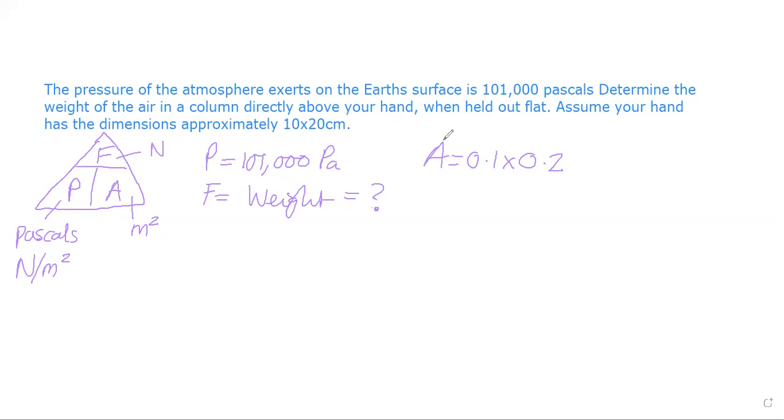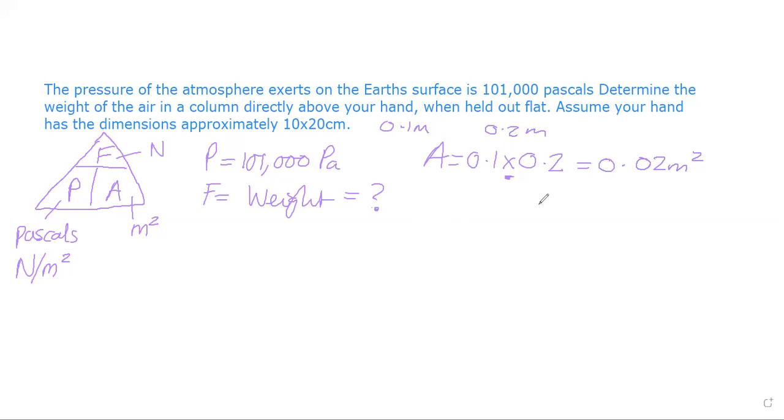Now, because I have it as 0.1 meters and 0.2 meters, to find meters squared, you do so by timesing them together, hence why I've put a little times symbol there. So 0.1 times 0.2 is equal to 0.02 meters squared.